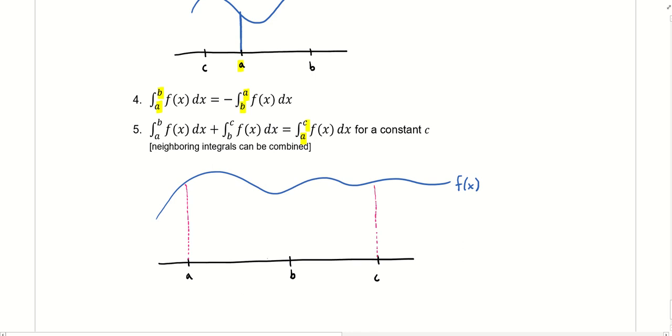if we are able to split that integral into two neighboring pieces with a common limit, let's call it b, then I can actually split this integral into two separate integrals. So what do I mean by that? Well, if I have b right here in the middle, and if I integrate from a to b, that gives me this area.